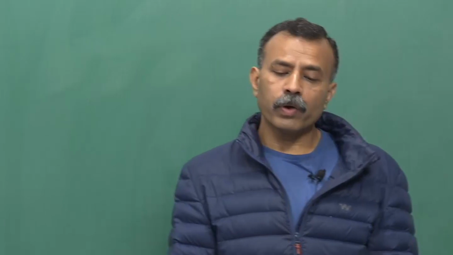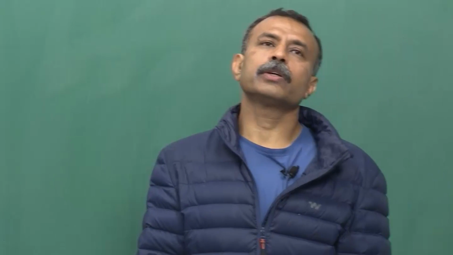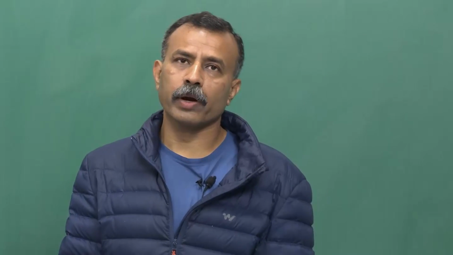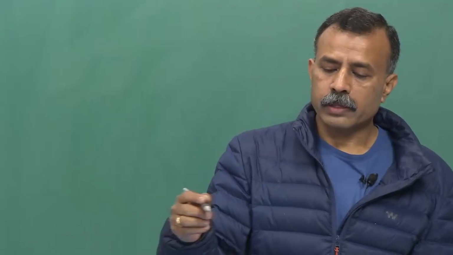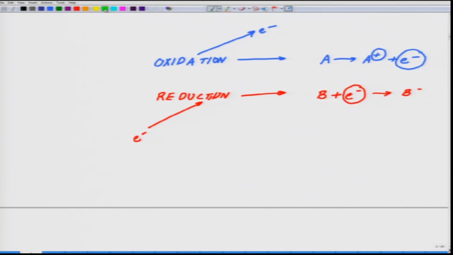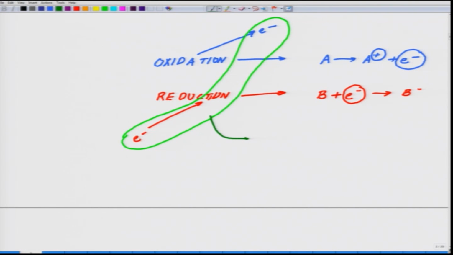So, when we talk about a situation where you are donating or accepting an electron, this clearly boils down to a situation, just follow my highlight, of flow of charges.